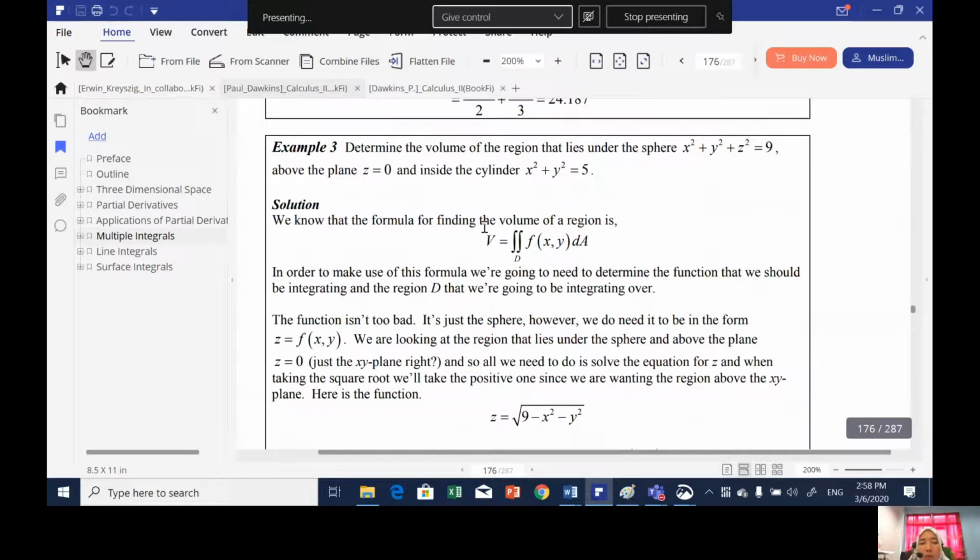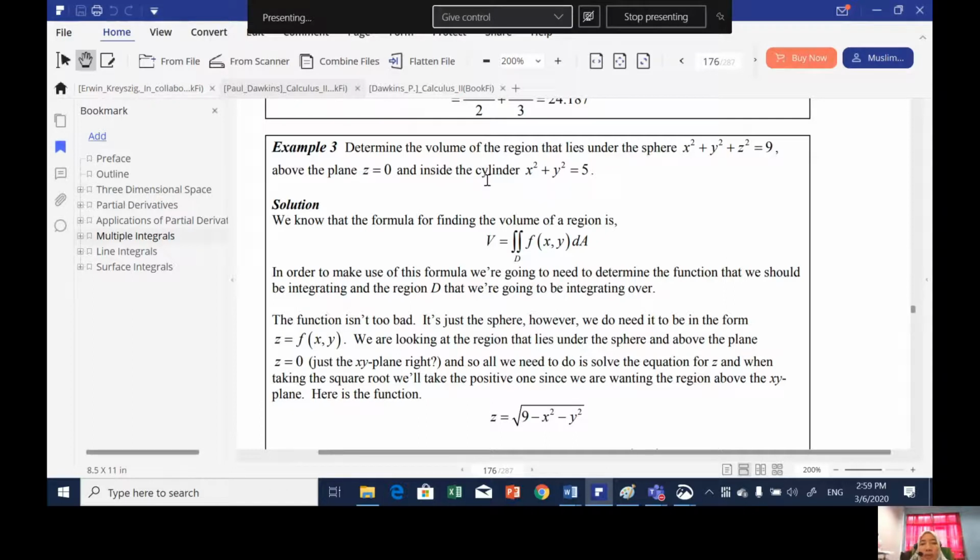The next example that I want to explain is example 3. This is related to the volume problem. I'm going to read the question. Determine the volume of a region that lies under the sphere x squared plus y squared plus z squared equal to 9, which is the equation for the sphere, above the plane z equals 0 and inside the cylinder x squared plus y squared equal to 5.